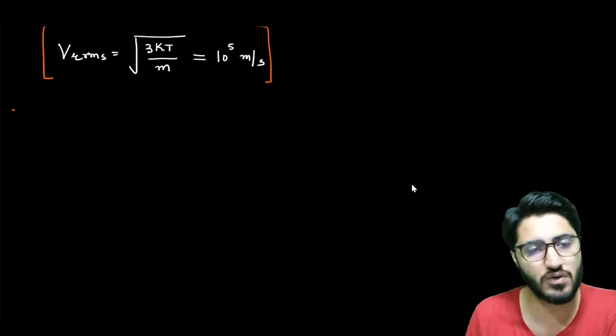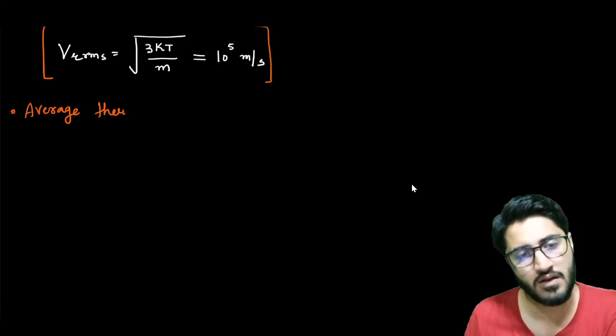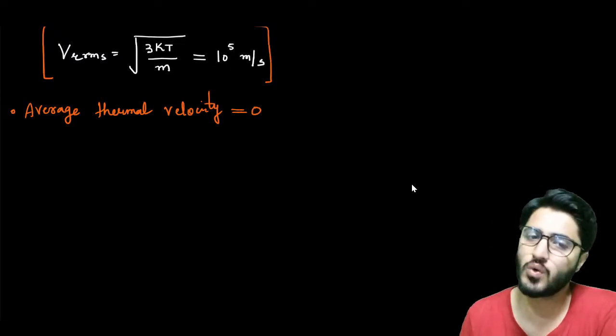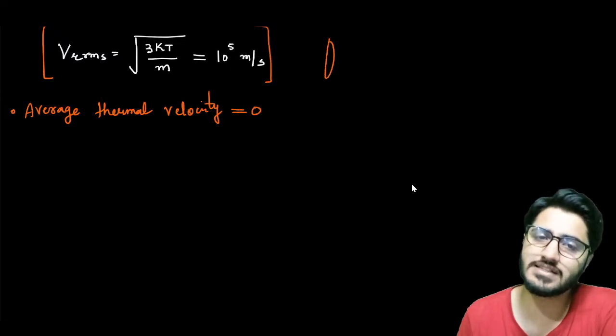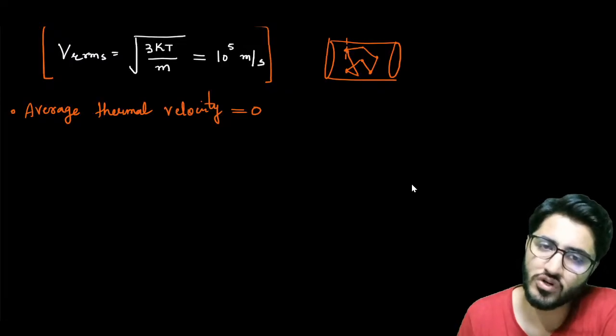If somebody asks you to find average thermal velocity, I guess average thermal velocity is equal to 0. Do you know why? Suppose we are discussing one electron. It will go like this, then like this, like this. Sometimes it will cross its own original position.